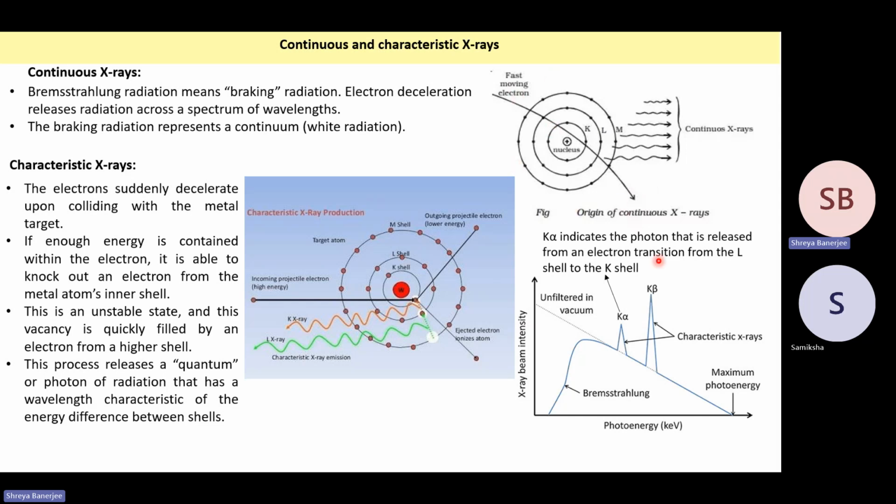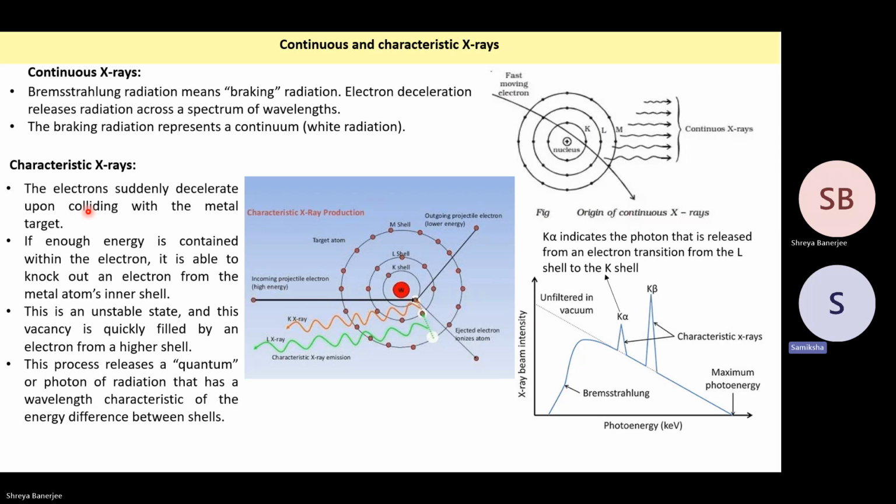So at that time, continuous X-ray is formed. But if you provide high enough energy to the projectile electron, then it will definitely knock out one of the electrons in the atom, and then characteristic X-ray will be formed. So depending on the energy of the projectile electron, you will have either continuous or characteristic X-ray.